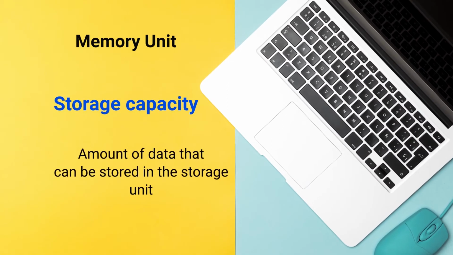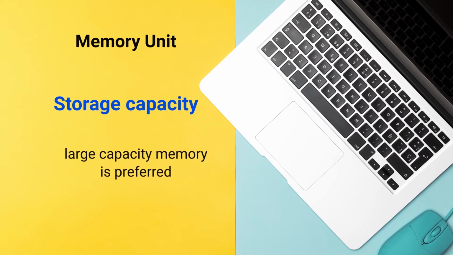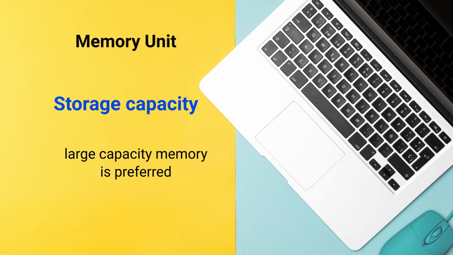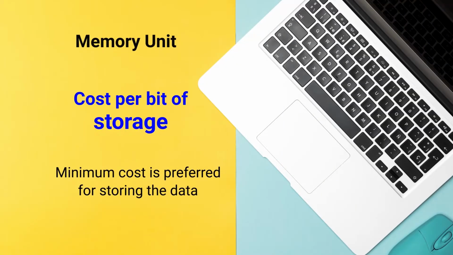Secondly, storage capacity: the more data we can store, the faster the processing would be. Thirdly, cost is of paramount importance, because if the cost of storage increases, the overall cost of the system increases.